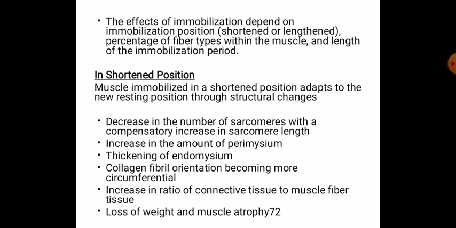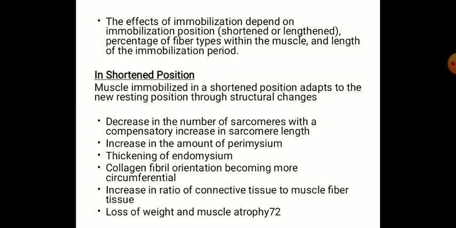Whenever we think about immobilization, which is done by a POP or any other external barrier, there are two situations. First, we keep our limb in a shortened position, which means the muscles will be in a shortened position.